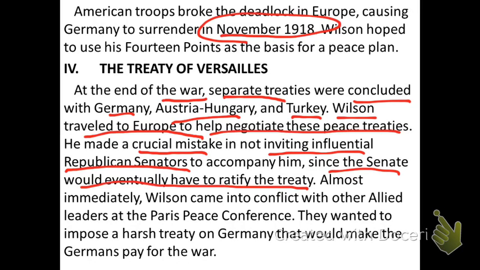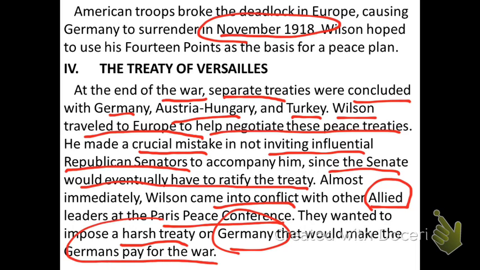Almost immediately upon arrival, Wilson came into conflict with other allied leaders at the Paris Peace Conference. Why? Because Woodrow Wilson did not really wish to assign blame or punish the losers, and the other allies, England and France, wanted to impose a very harsh treaty upon Germany and make the Germans pay for the war.